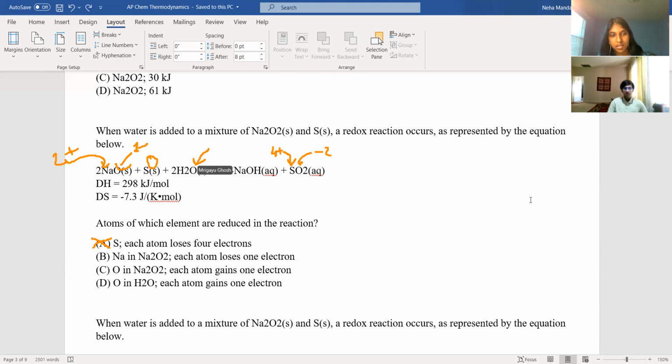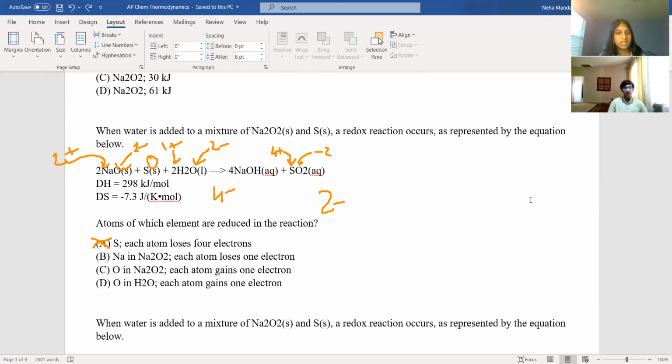Well, here it would also be 2-, so H would have to be 1+. So in both of them, oxygen is 2-. The net oxygen is 4- here, and it becomes 2-, so it must have gained 1 electron each. Oh, but you're saying which element?